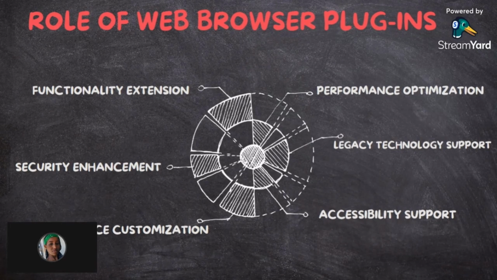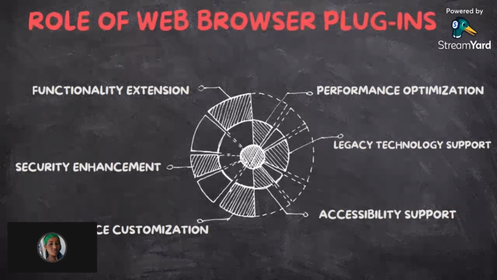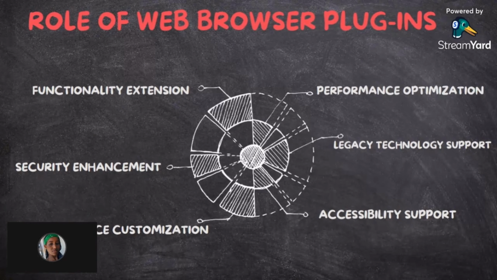Then we have accessibility support, which assists users with disabilities by adding features like screen reader and keyboard navigation. Also, we have legacy technology support, which helps users access older web technologies, ensuring compatibility across different platforms.